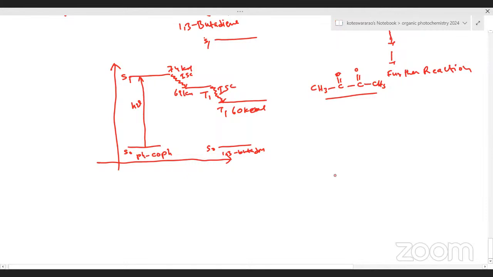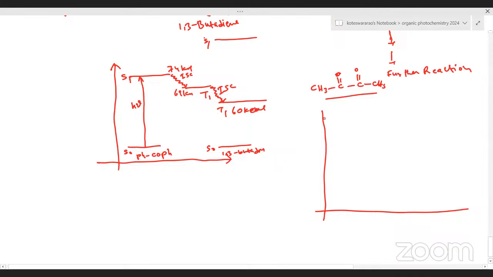Now here, when you take the three compounds, look at here.